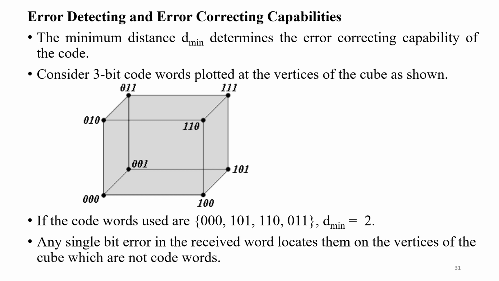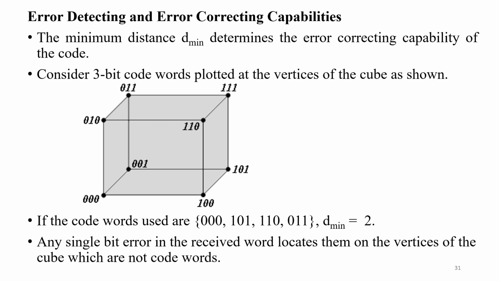Error detecting and correcting capabilities. The minimum distance d min determines the error correcting capability of the code. Consider the 3-bit code words plotted at the vertices of a cube as shown in the figure. If the code words used are 0 0 0, 1 0 1, 1 1 0 and 0 1 1, then d min equal to 2.